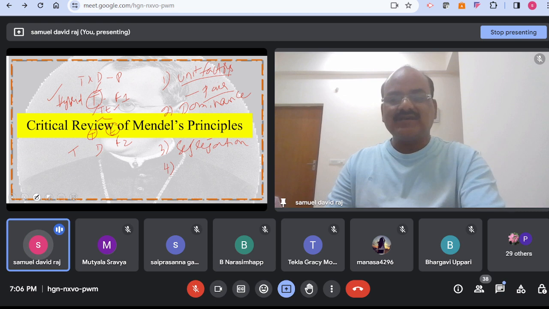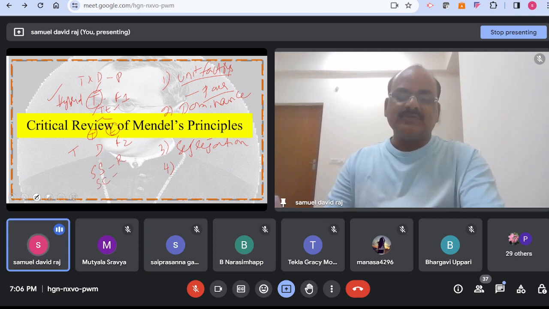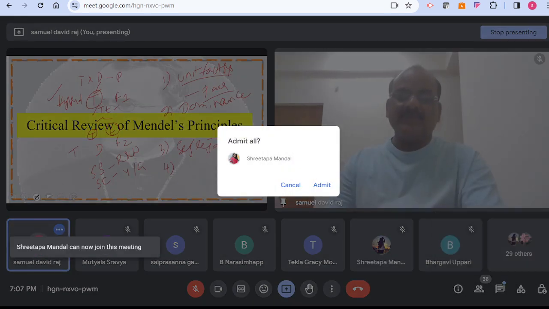Mendel continued his experiments with a dihybrid cross. In a dihybrid cross, he took two characters, seed shape and seed coat color. Seed shape is round or wrinkled, and seed coat color is yellow or green.